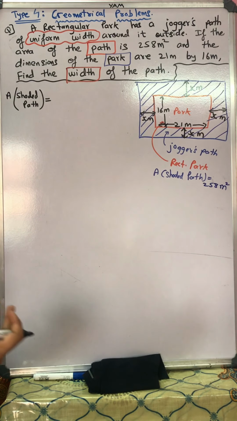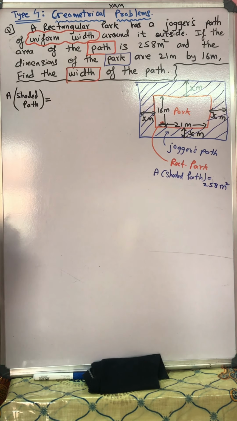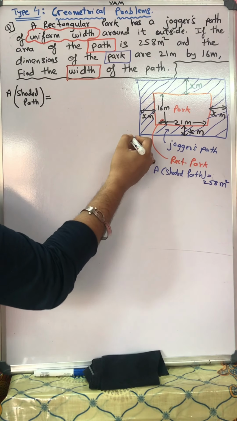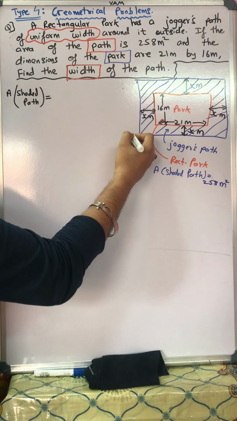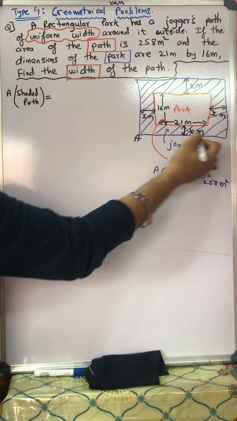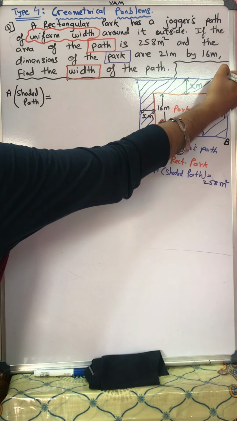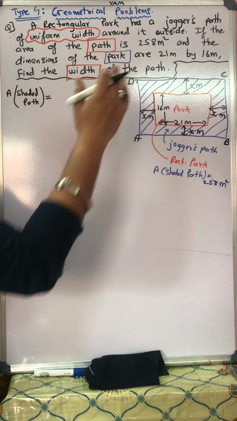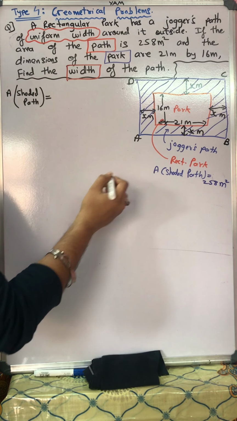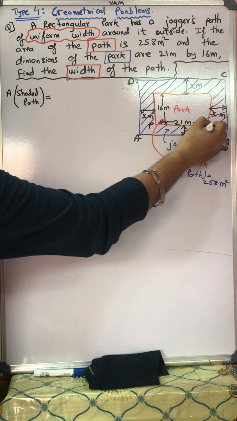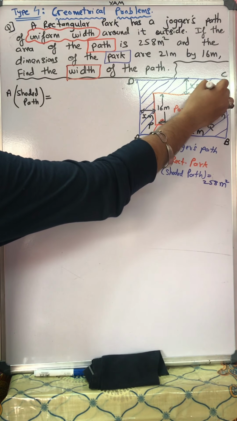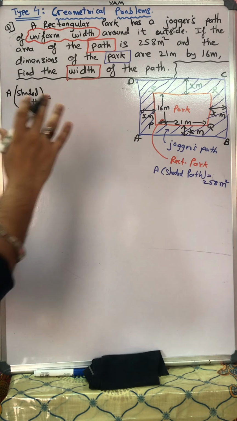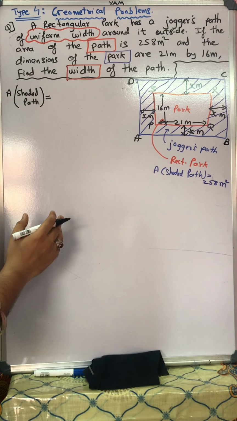For better understanding, students, I'm labeling my diagram. Let us say the bigger rectangle is named A, B, C and D, and the inner rectangle is named P, Q, R and S. So students, here we have two rectangles.